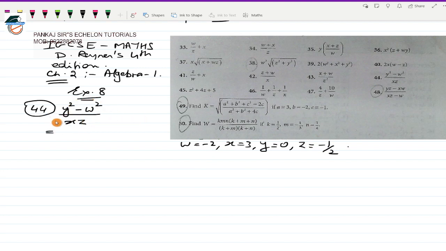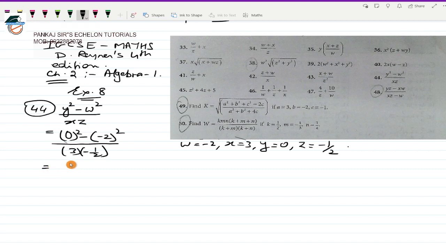So question number 44 is y square minus w square whole upon x times z. So y being 0, this will be 0 square, minus w being -2, this will be (-2) square, upon x into z, where x is 3 and z is -1/2.